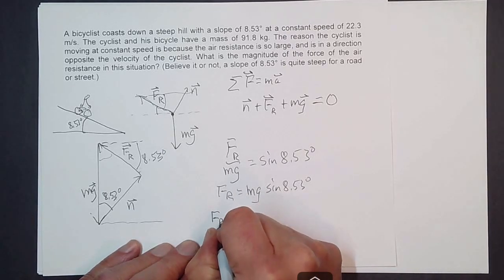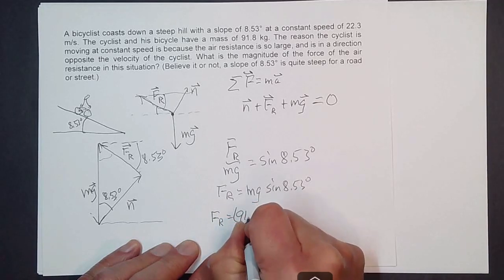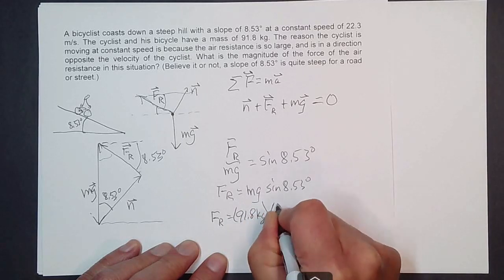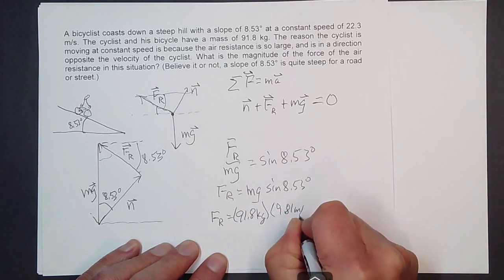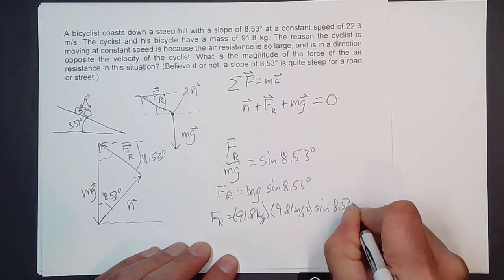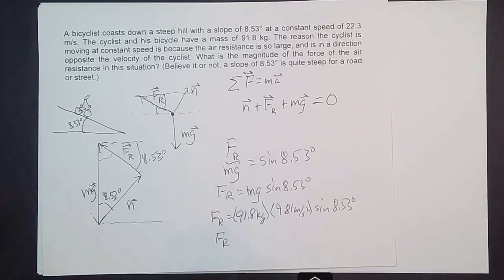So, fairly simple problem. Hmm, 91.8 and 9.81 have the same digits.